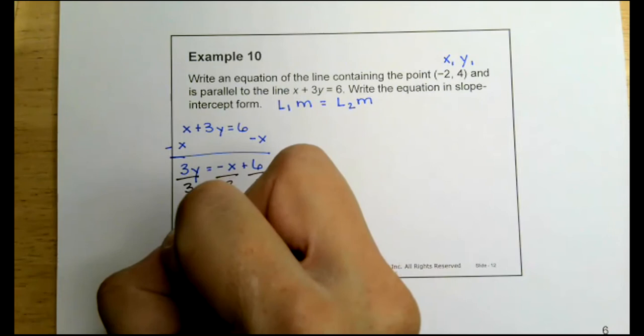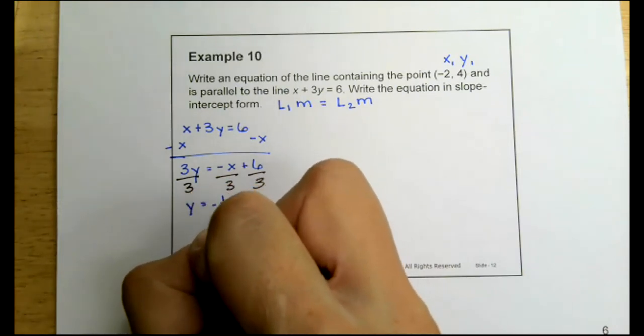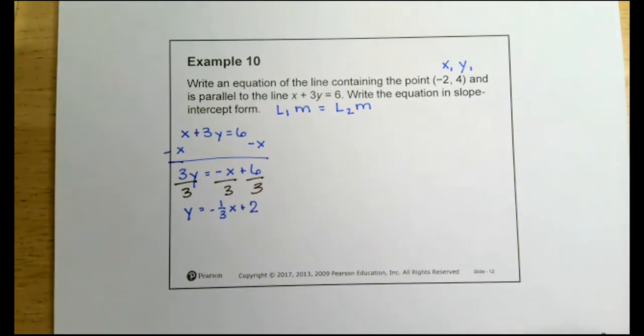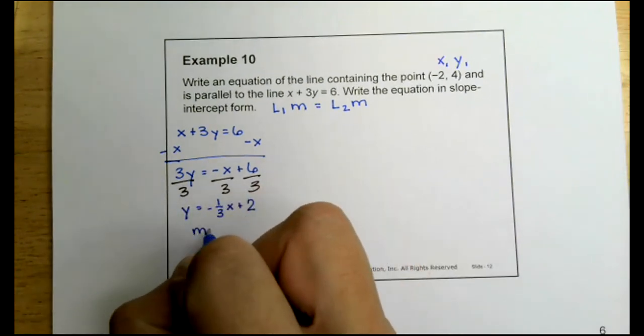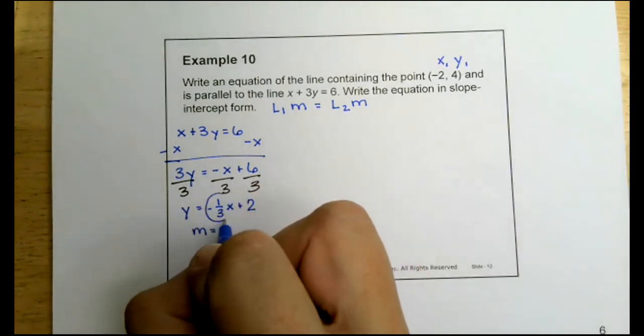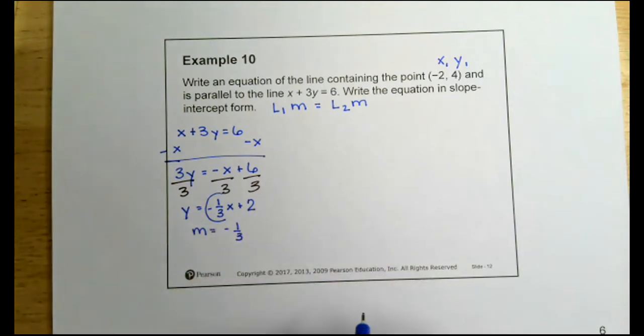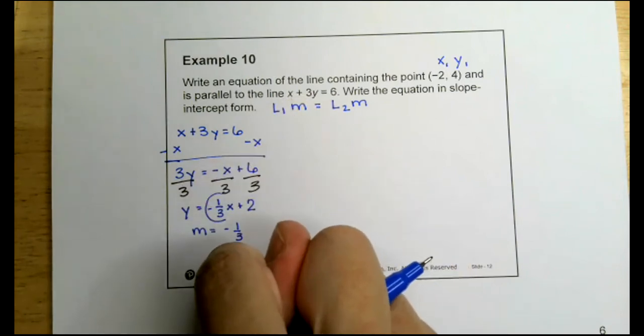So that becomes y equals -1/3 x plus 2, right? So our slope is just this number. Our slope is -1/3. So that's all we needed this equation for, was to find the slope.